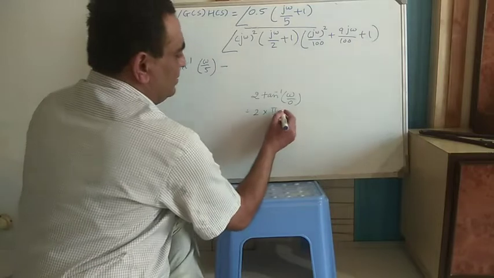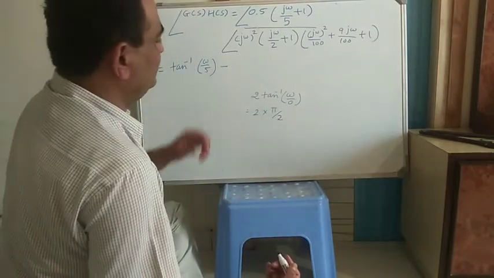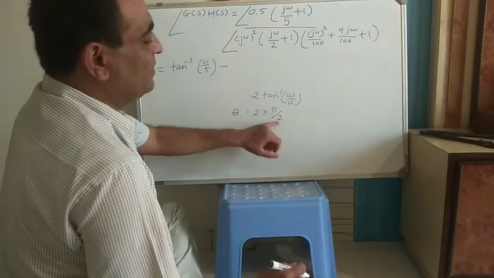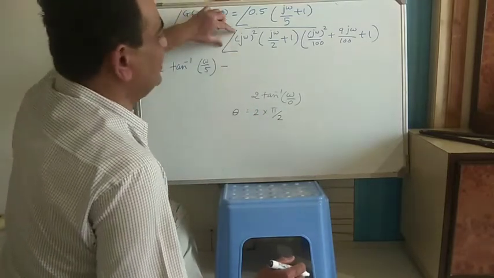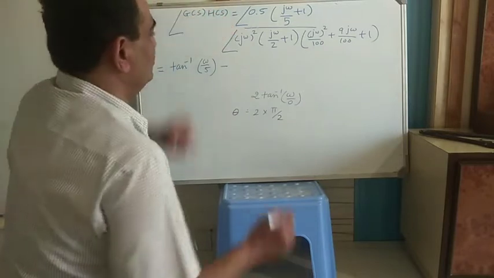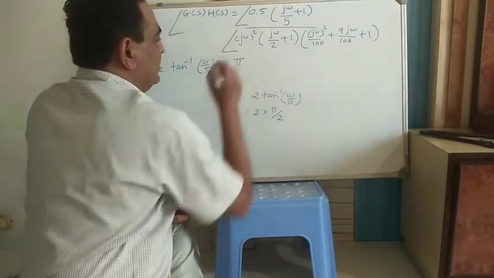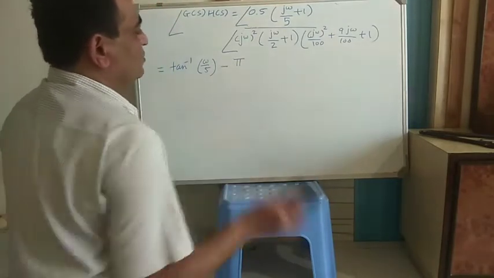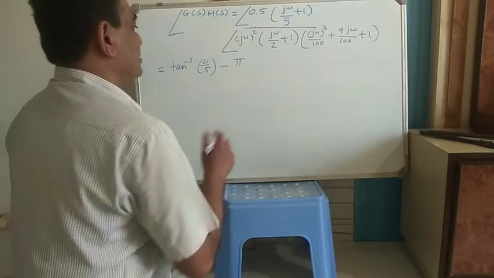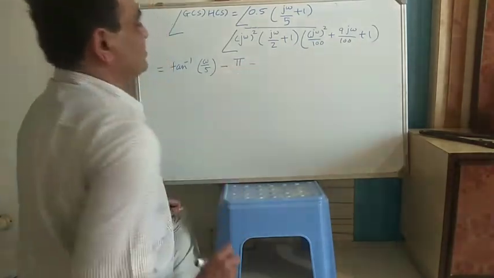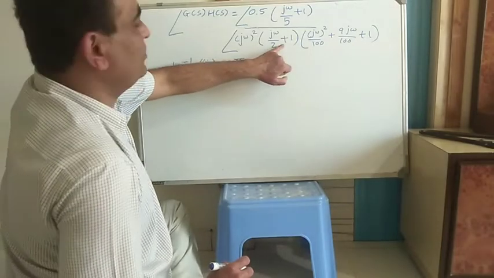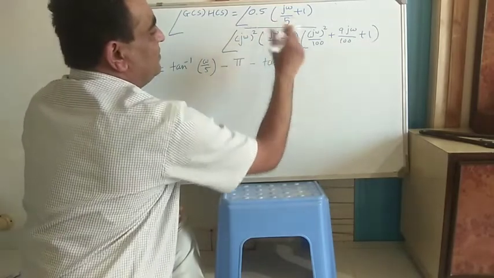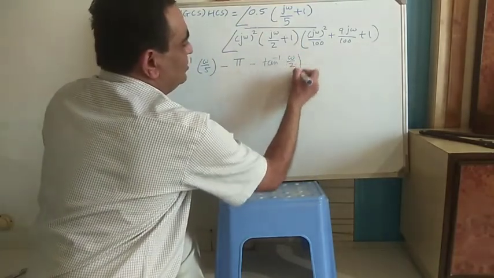So theta is equal to 2 into pi by 2. But since they are in the denominator, it would be minus. So minus pi, so minus 180 degree or minus pi. Then comes minus, this also is a term in the denominator. So tan inverse of the imaginary part, which is omega by 2, by 1.